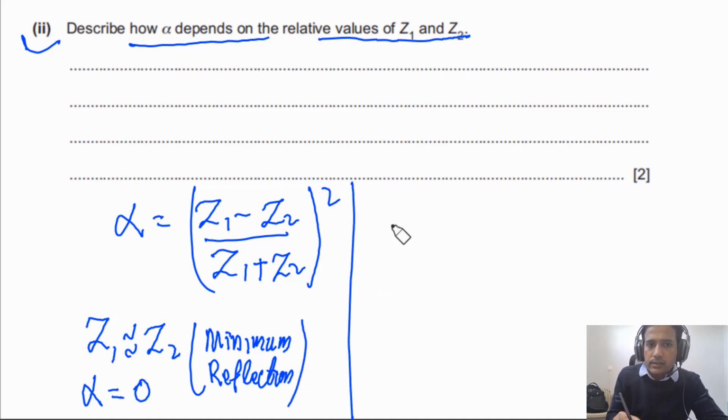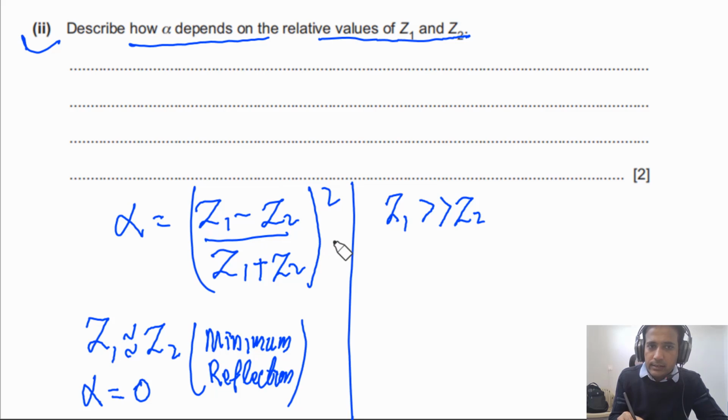And the second case, what will be the value of alpha if Z1, for example, is much greater than Z2? We can imagine Z2 is negligible. So what will we get here?